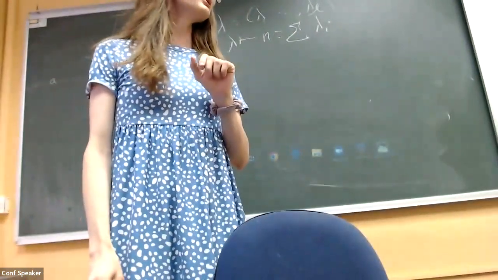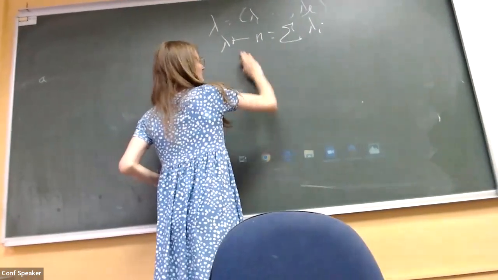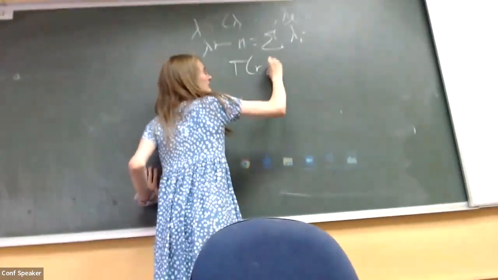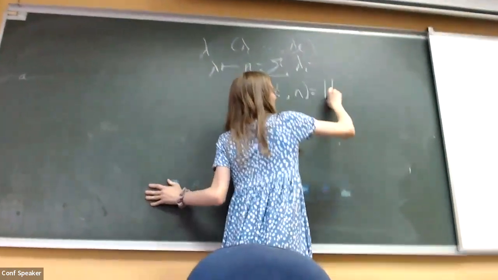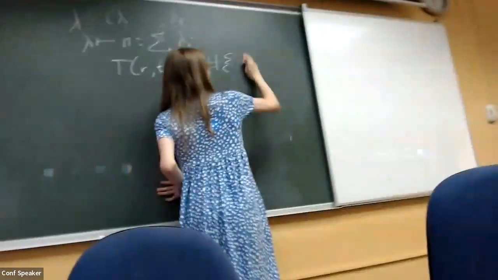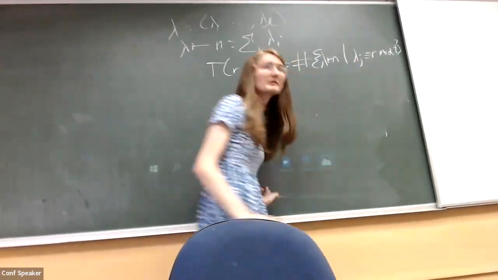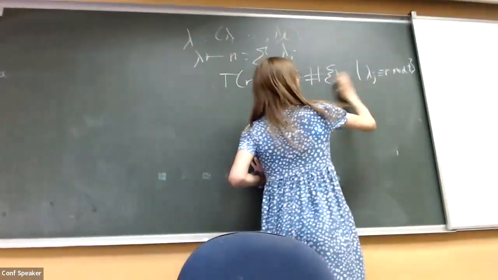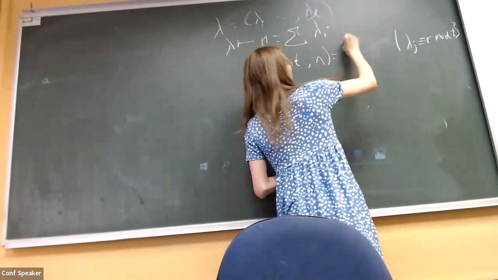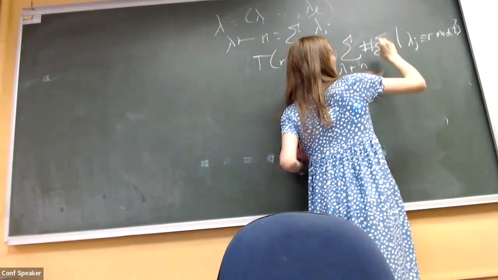And so it was recently proven in 2017 that if you count the number of parts in a congruence class, so this is going to be the counting function of the number of parts that are congruent to r mod t, of lambda, over lambda partitioning n.